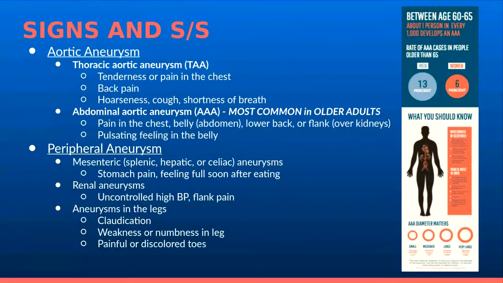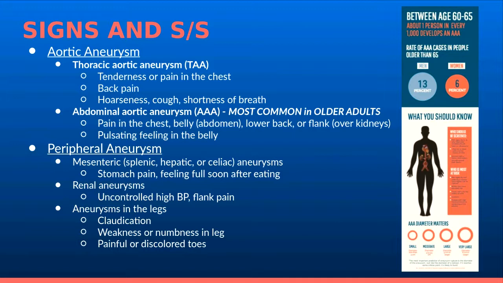Okay, so there are two types of aneurysms: the aortic one and the peripheral one. For the aortic aneurysm, we see a thoracic aortic aneurysm, where we may see tenderness or pain in the chest, back pain, hoarseness, cough, and shortness of breath.